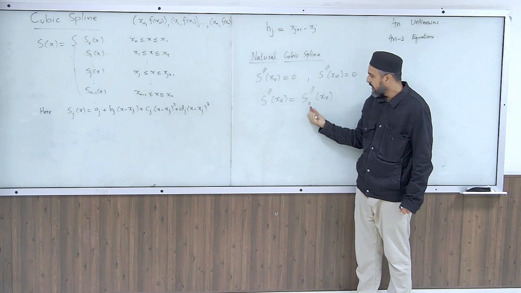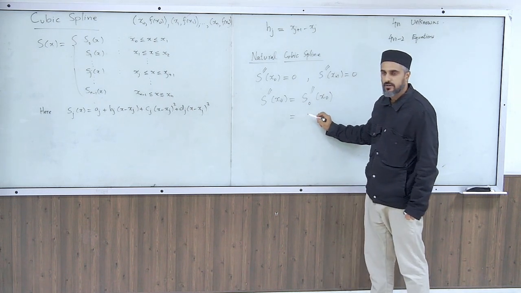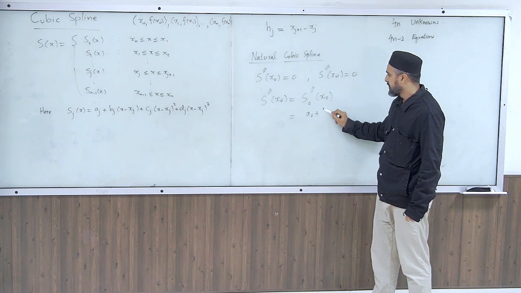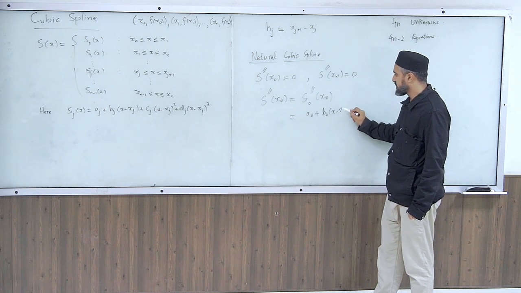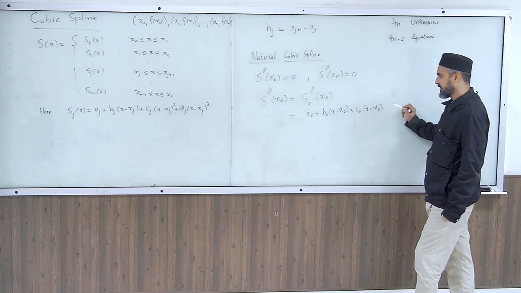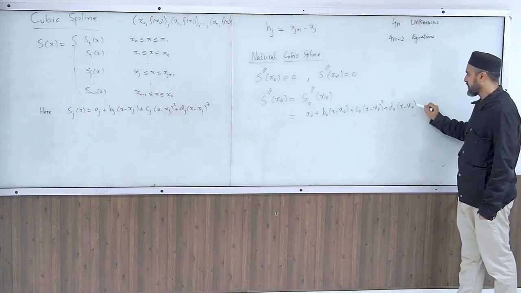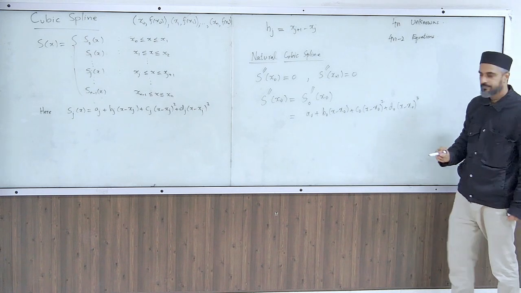Now if I take the second derivative of S0, let me first write what S0 is. S0 is a0 plus b0 (x minus x0) plus c0 (x minus x0) squared plus d0 (x minus x0) cubed.